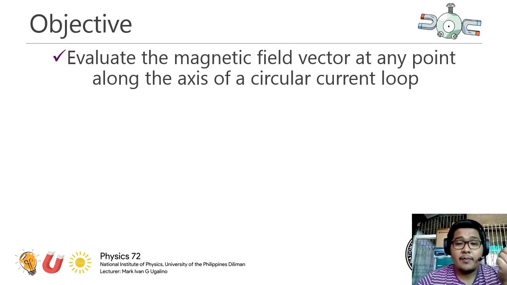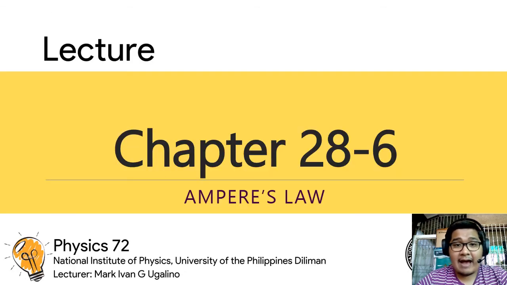The next lesson will be on Ampere's law, which will be covered in the next video. Ampere's law is, well, not technically, but an analog of Gauss's law in electricity.